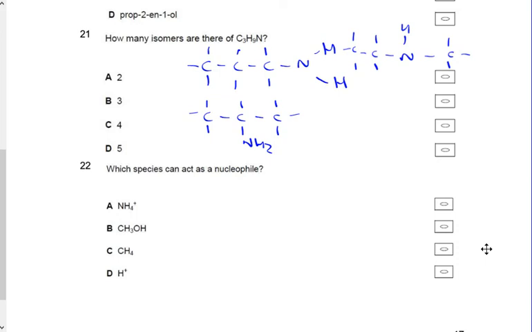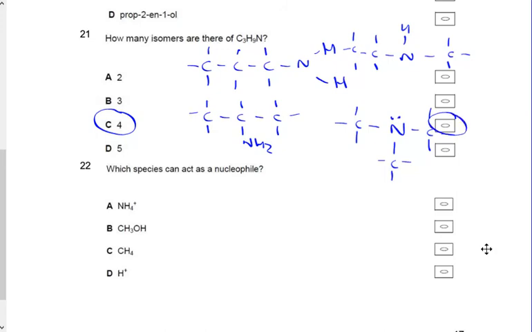There's also another structure that is possible, which would be a tertiary amine with the nitrogen attached to 3 different groups. Which gives us 4 possible structures for C3H9N. So the answer to number 21 is C.